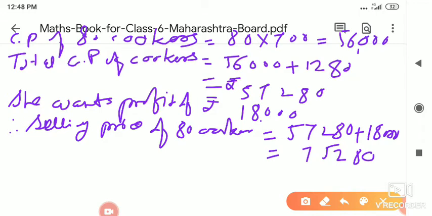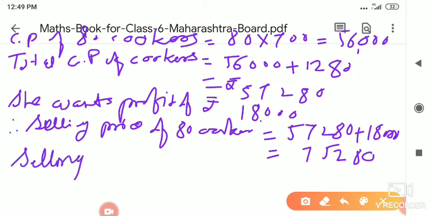Now we have to find the selling price of each cooker, and for that we have to divide the total selling price.